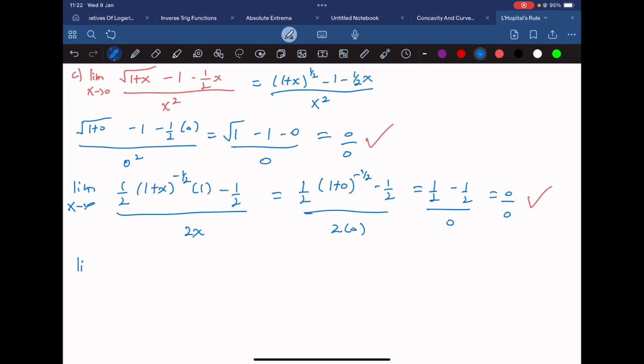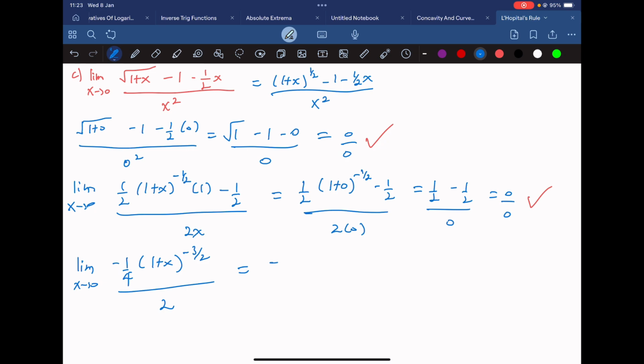So we have the limit as x approaches 0. Let's differentiate this one first. Using the power rule, negative 1/2 comes down to multiply this 1/2 here. So we have negative 1/4 times (1 + x), then we subtract 1 from the exponent, we have negative 3/2. This is a constant, so if we differentiate, it goes to 0. And in the denominator, we just have 2.